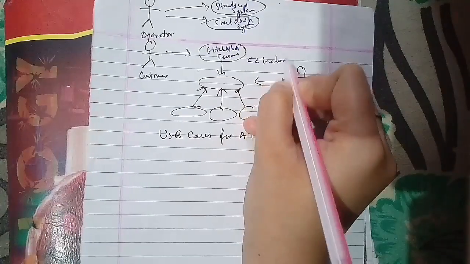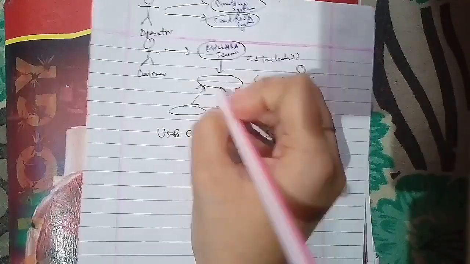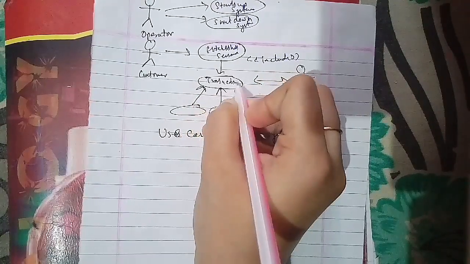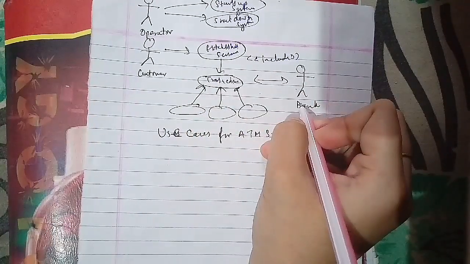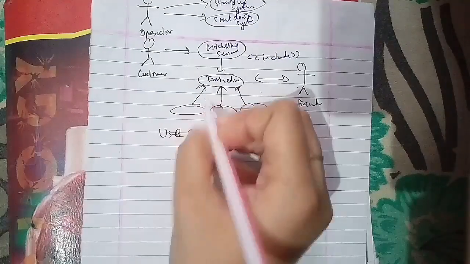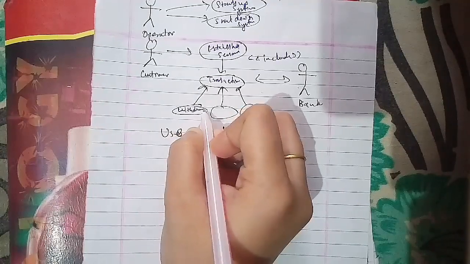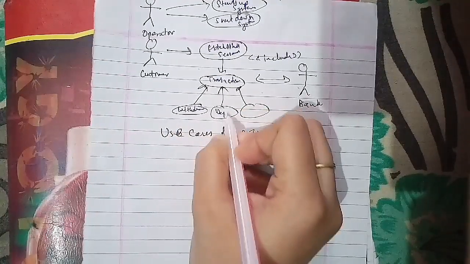So let's go ahead with the further question: who should be involved in requirement review? Draw the process model showing how requirement review might be organized. This has been asked for 5 marks here.